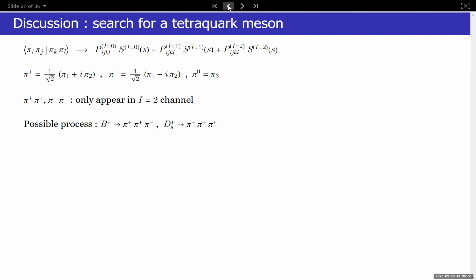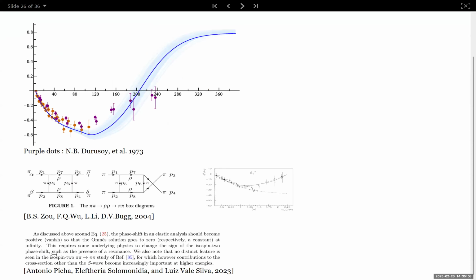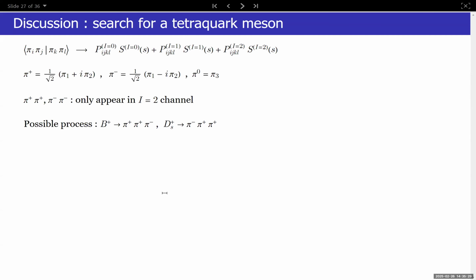Actually, this is a recent paper that also analyzed that. They said the phase shift should change sign, and this requires some underlying physics to change the sign, such as the presence of a resonance. So it would be interesting to see if this can be detected.